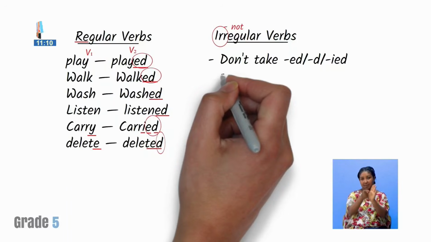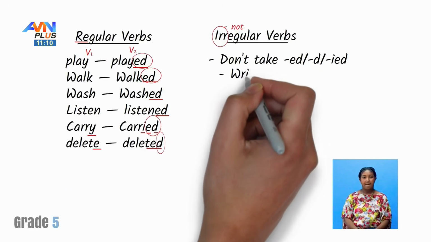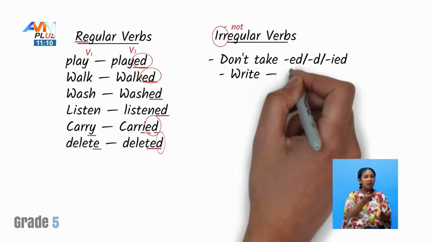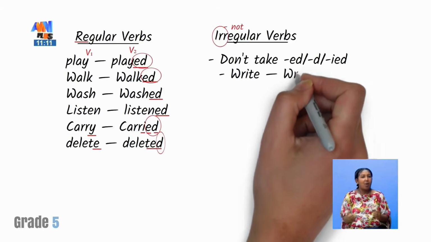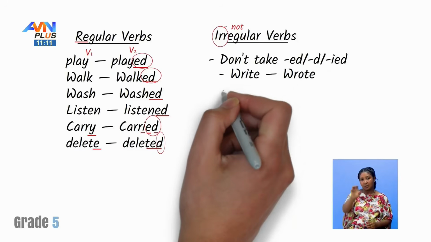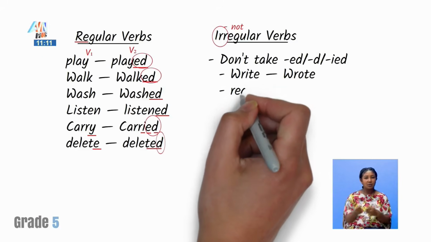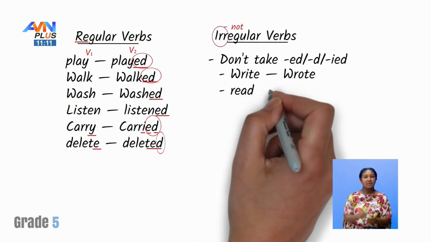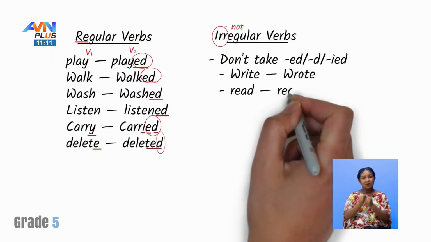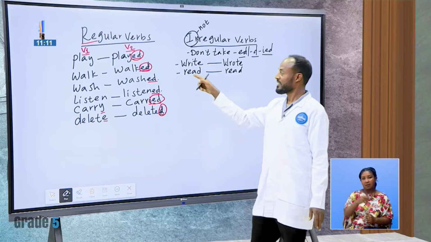For example, the word write. What about verb 2 form of the verb write? That is wrote. Look. Good. What about the word read? Read. That can be written as the first one.